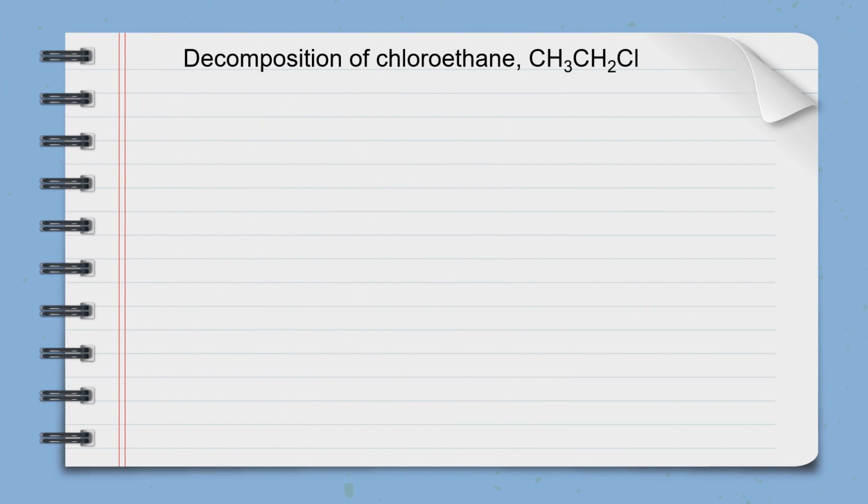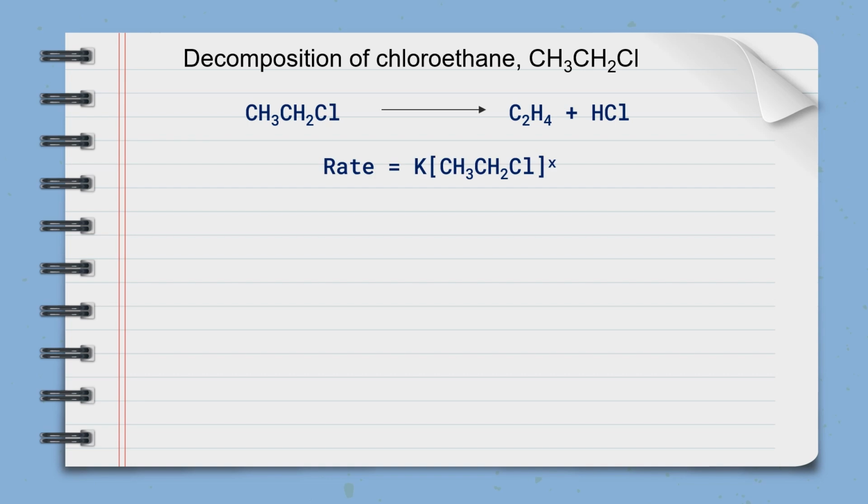For the decomposition of the chloroethane, we imagine the chloroethane is decomposed to ethane and HCl. So how are we going to write the rate law? We write rate is equal to k times the concentration of chloroethane to the power of x, where x is the order of the reaction.